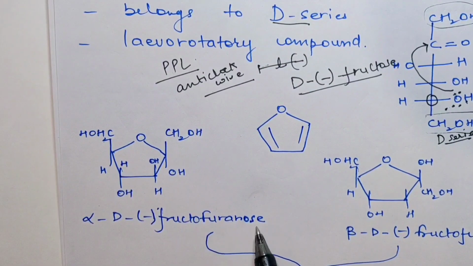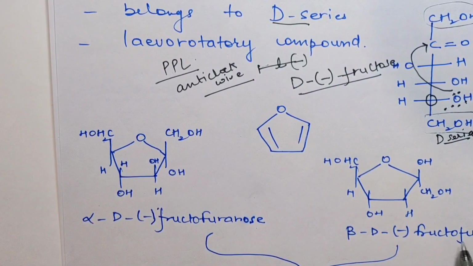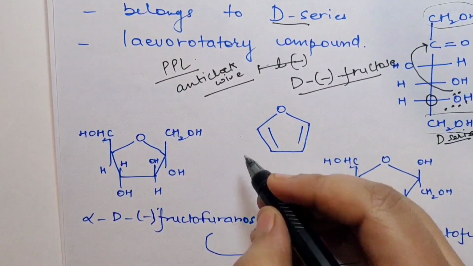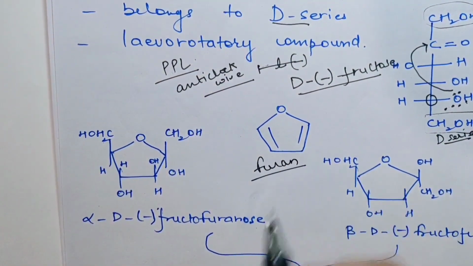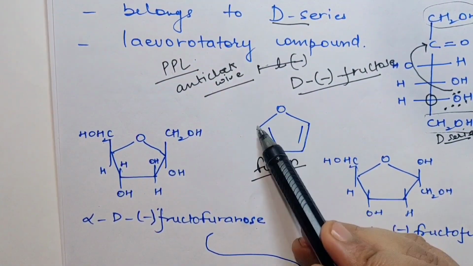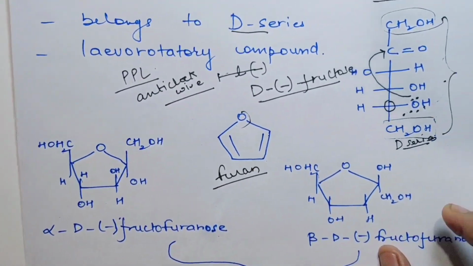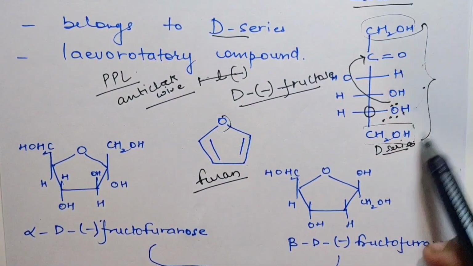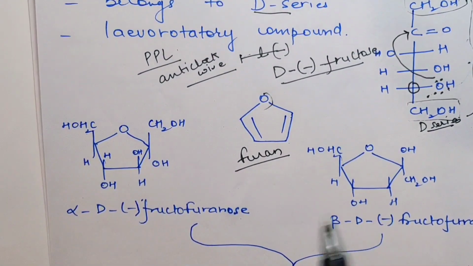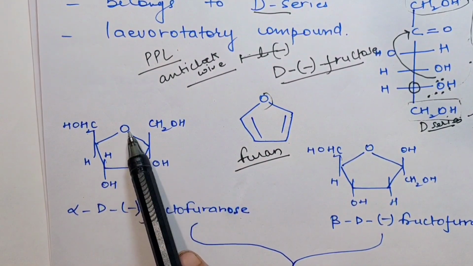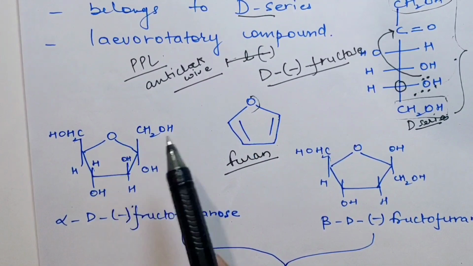Alpha D fructofuranose and beta D fructofuranose. Why furanose? Because this is furan. Furan is a 5-membered ring with oxygen as one of the members. And when we draw the cyclic structure of fructose, this also gives us a 5-membered ring with oxygen as one of the members.